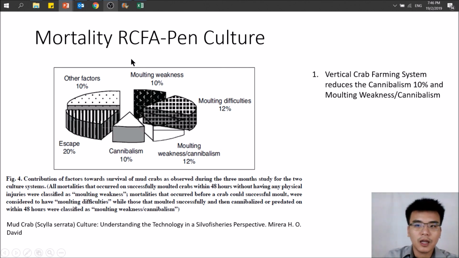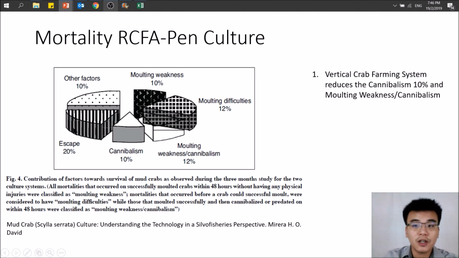If we look at the vertical farming system as compared to the pen culture or the pond culture, what you are essentially removing by using vertical farming is only the cannibalism. It is often very hard to change the molting weakness or molting difficulties because that is the inherent mortality in the process.